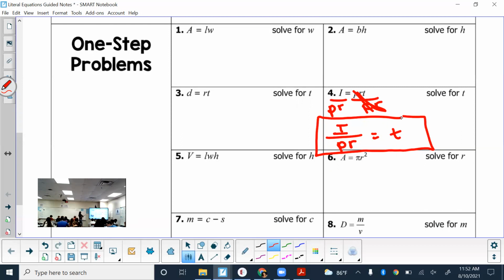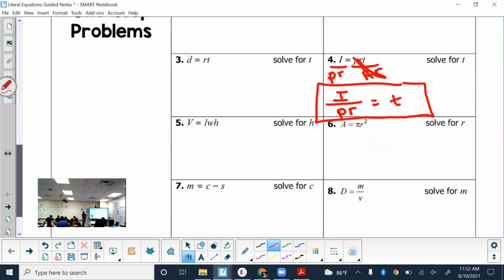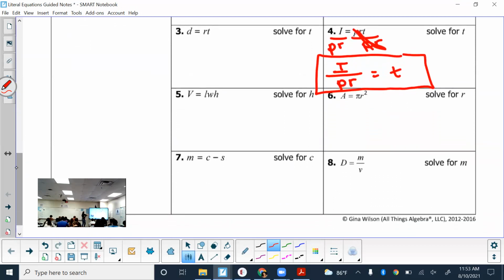So maybe let's practice with the ones down here. Let's look at 7 together. M equals c minus s, solve for c. What is being done to the c? Come on guys, what's being done to the c? Look at it. We're subtracting the s from the c.